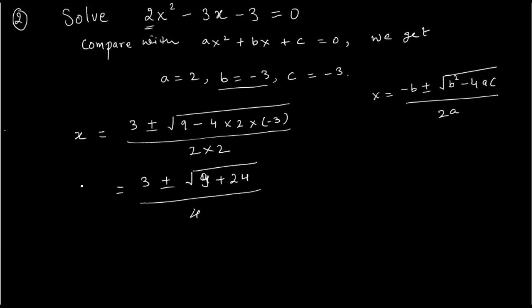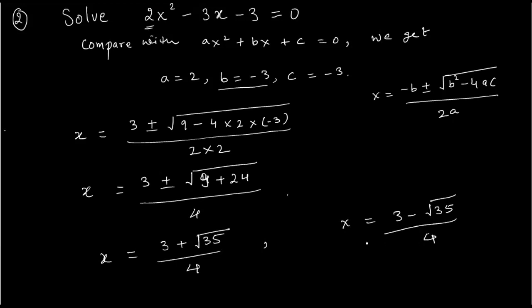Let us choose the positive sign first. So we get x = (3 + √33)/4. And let us choose the negative sign. So we get x = (3 - √33)/4.